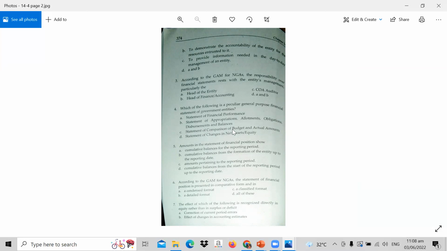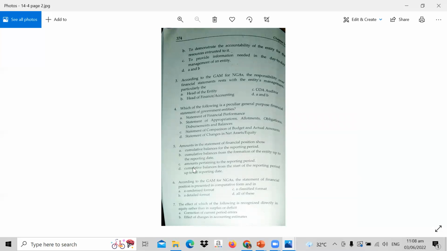Our answer is letter C, a statement of comparison of budget and actual amounts. This is not part of commercial accounting. This is only peculiar to, or specific to, the government entity. Again, the statement of comparison of budget and actual amounts.